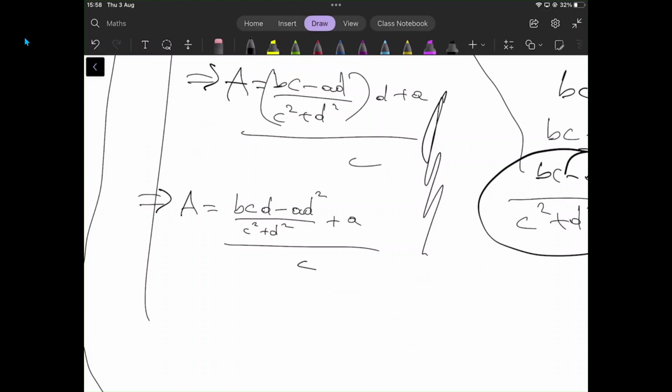Is there any other way to, oh yeah, what if I multiply the numerator and the denominator by c squared plus d squared, in order for me not to have a fraction within a fraction, just to make my function look as polished as possible. So I would end up with this, like this, right? Okay, it looks worse now. It looks worse.